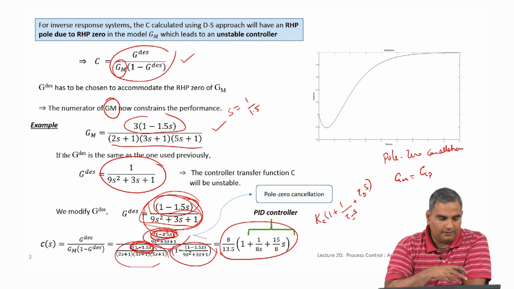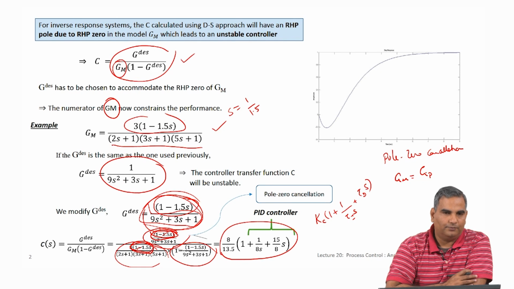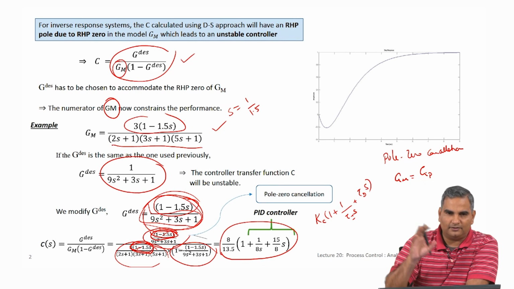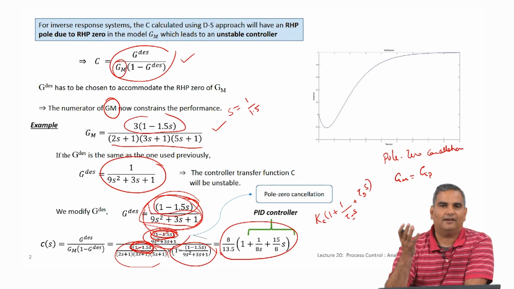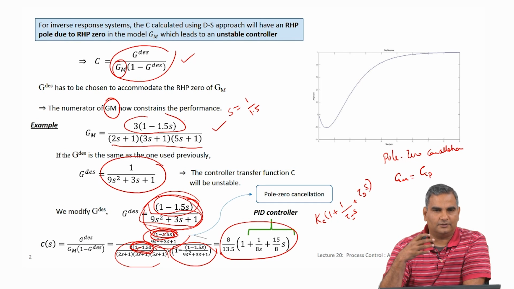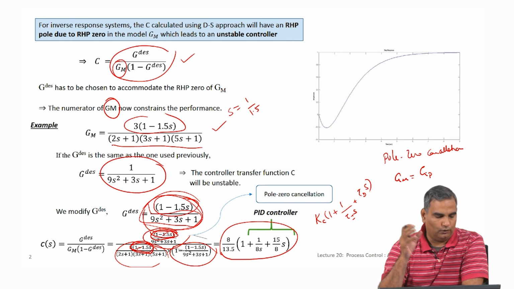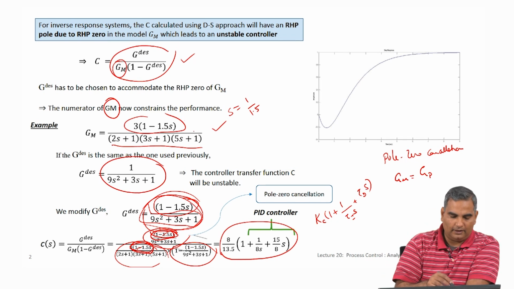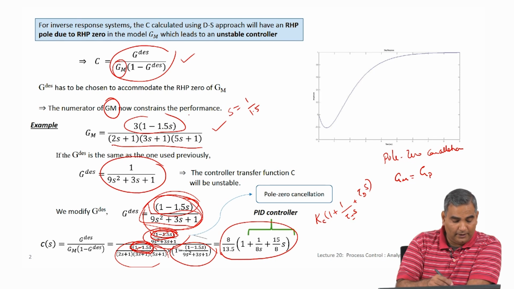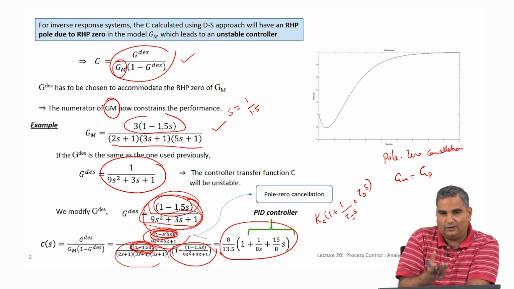However, I started making this distinction about model when we started doing the direct synthesis approach, because irrespective of what G process is, what we are saying is I have an idea of a model for the process, and I am going to make all my judgments based on the model itself. So, here I am saying, okay, this is the transfer function model for the process, and I am going to make all my controller decisions based on this model. So, this model is actually a conceptualization.